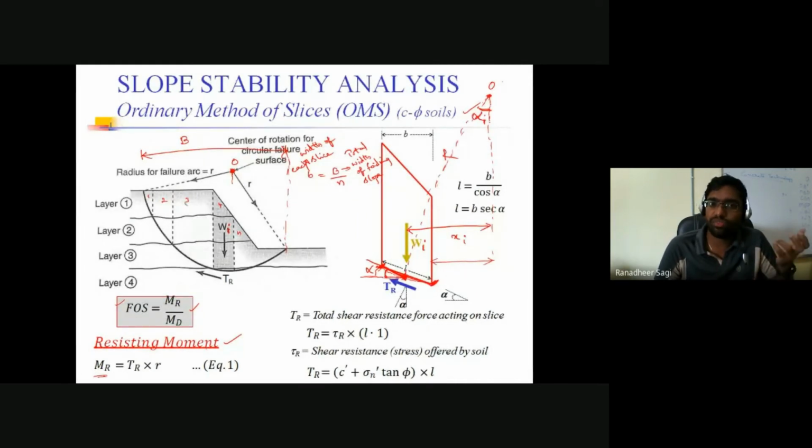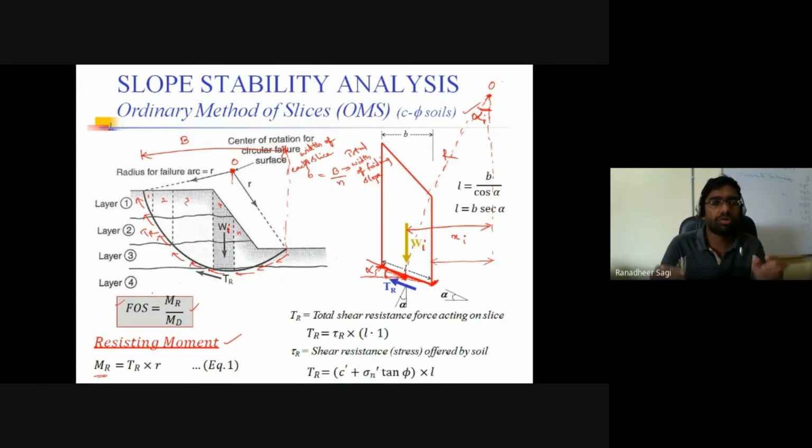Where does that total resisting force get developed? Along that failure surface. So along that failure surface, how much is my total resisting force? That total resisting force is getting developed tangential to your failure surface. Once I know my total resisting force, which I am writing as capital TR, we know that it is tangential to the failure surface, at a perpendicular distance equal to the radius of your arc of that particular failure surface.